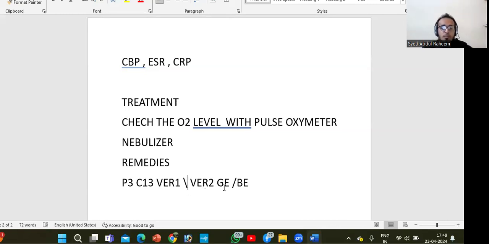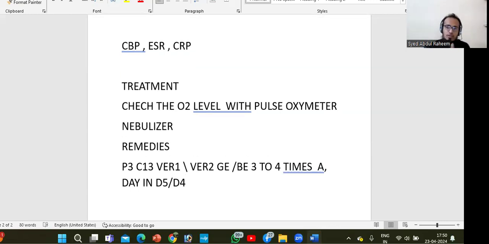In Word 1 or Word 2, B or G. So you have to make 2 remedies: P3, C13, Word 1, G, and P3, C13, Word 1, B. First give the nebulizer with the G remedy, next give the remedy with B. Or else first B and secondary G. Give it at least 4 times a day, in B5 or B4. This is the first thing I advise after oxygen.